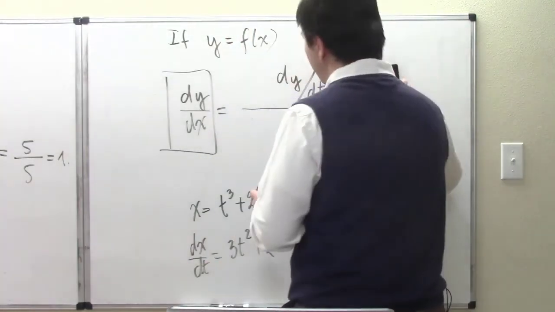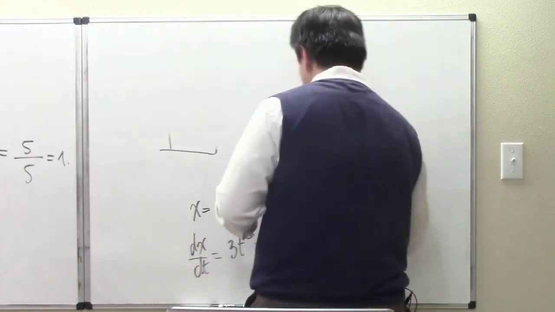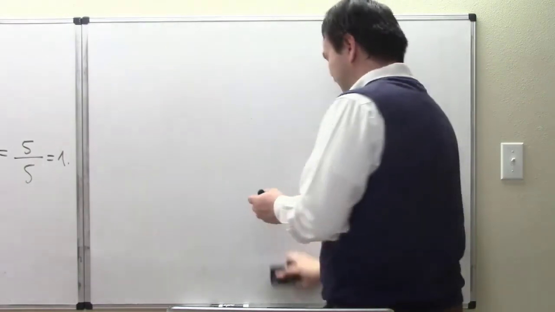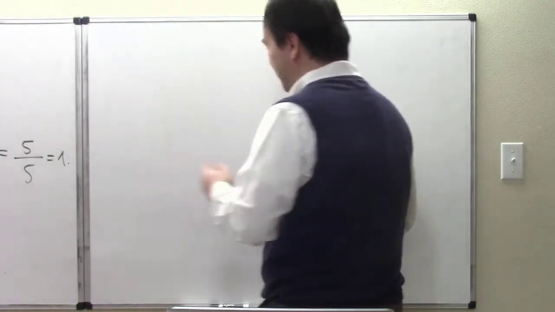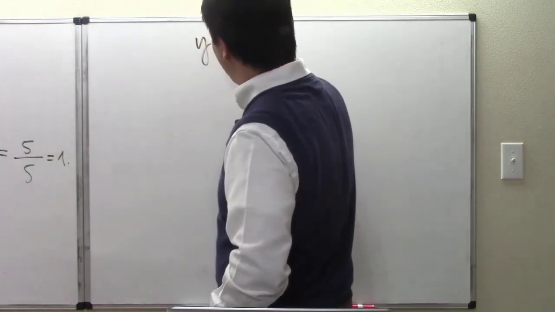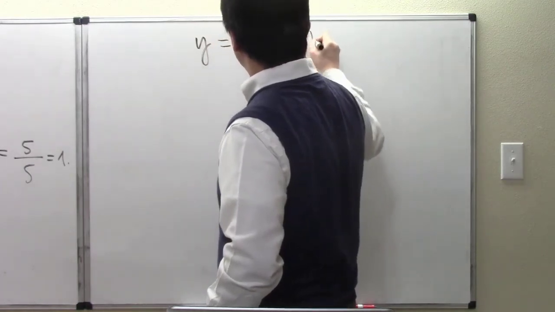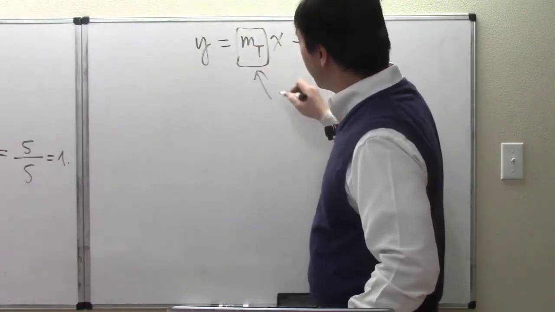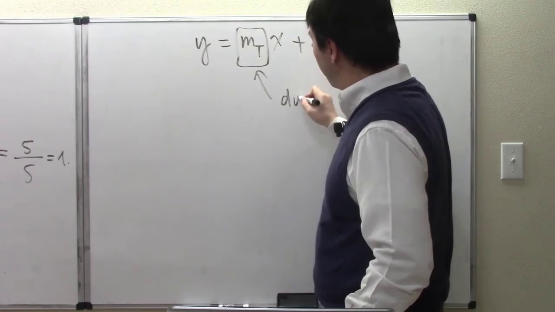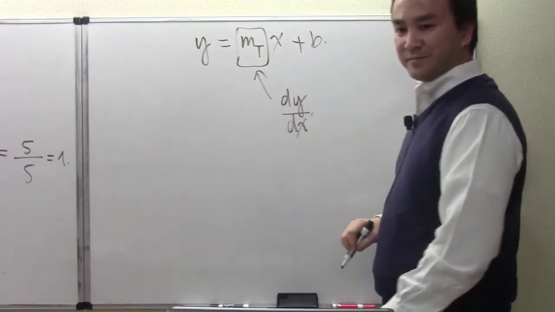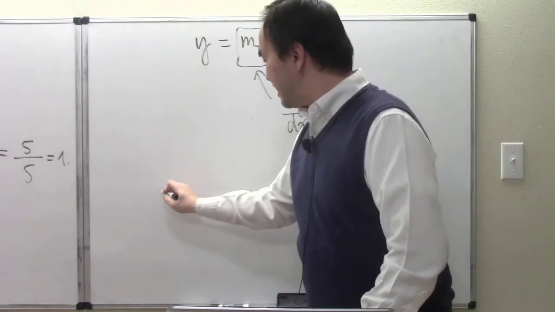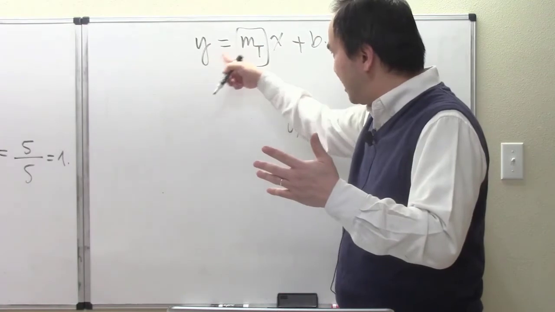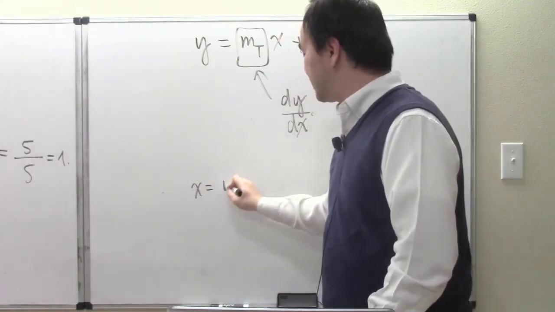We can write our equation of tangent line together with our previous understanding. The equation of tangent line can be y equals m_t x plus b. But we're going with this route if our derivative was dy/dx. On the other hand, because in the end an equation is only an equation, it could be y in terms of x, or it could be x in terms of y.